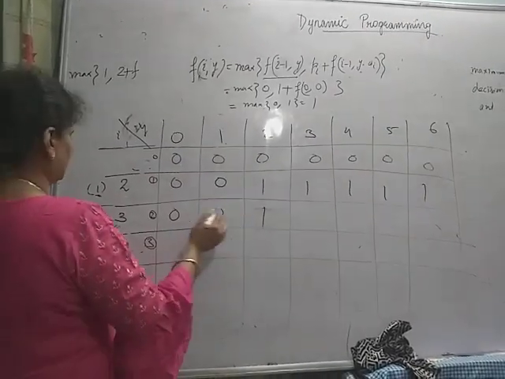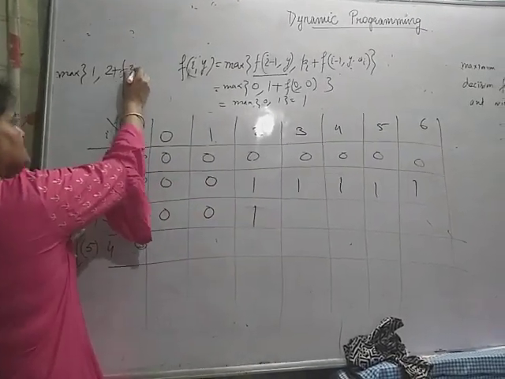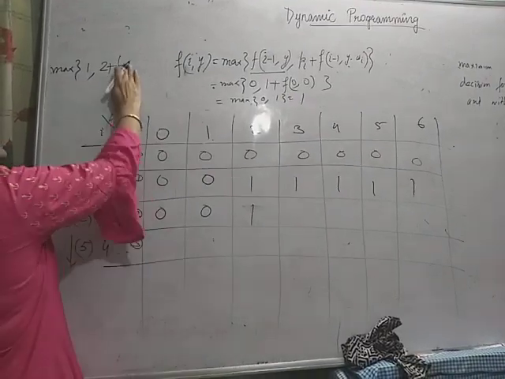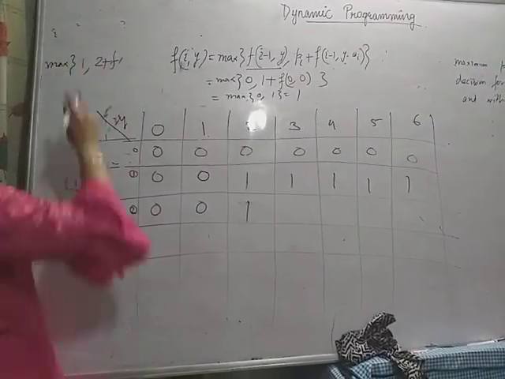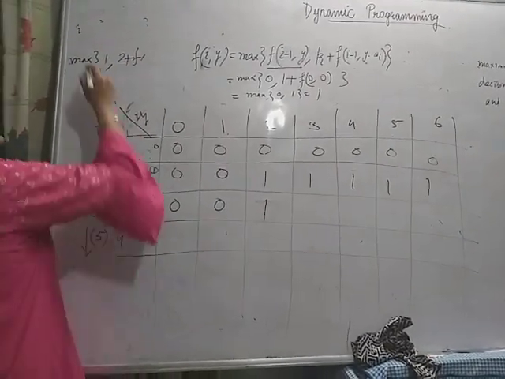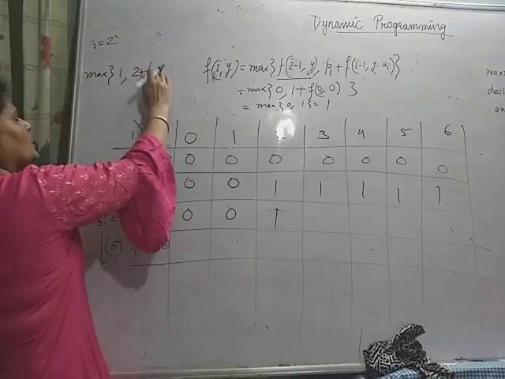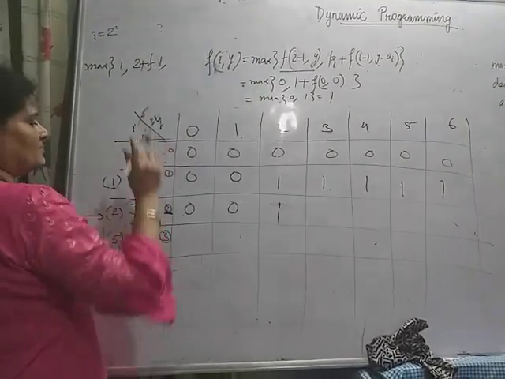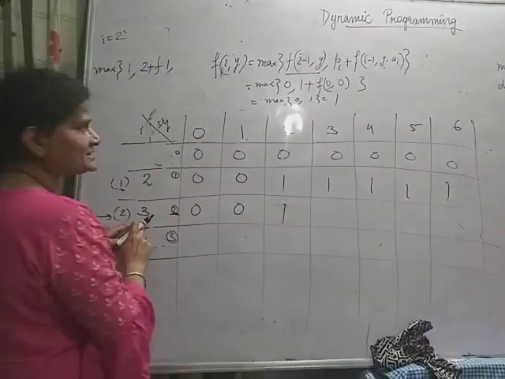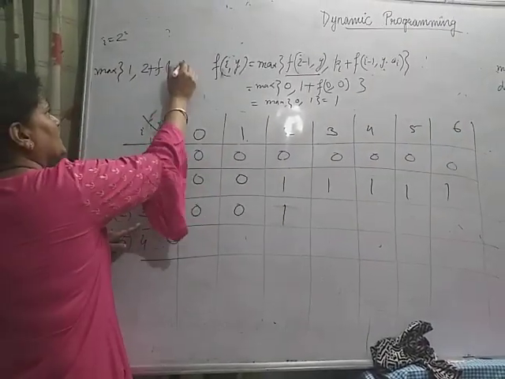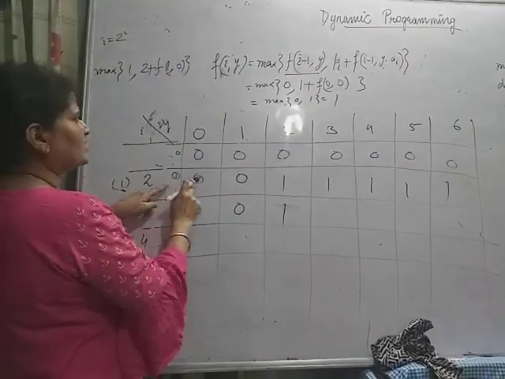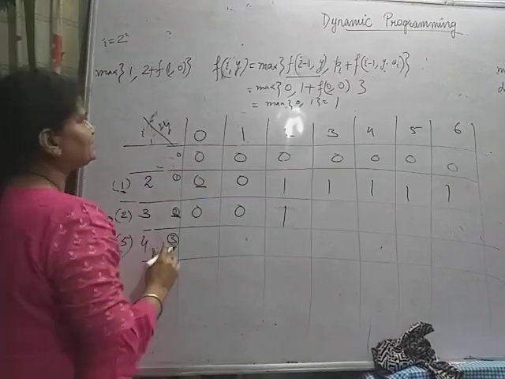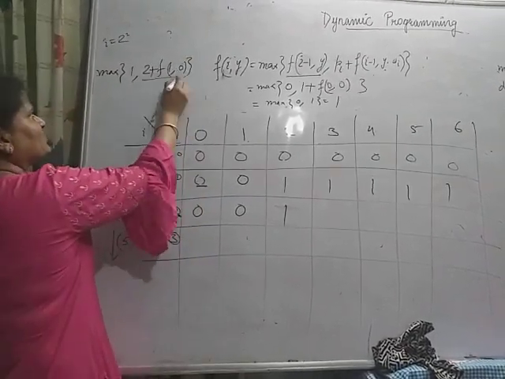Here the value of I is 2. This one, I is number of row, I equal to 2. So F1 comma just 3 minus 3, that is 0, and F10 is 0. Here this is 0. So the maximum is 2.